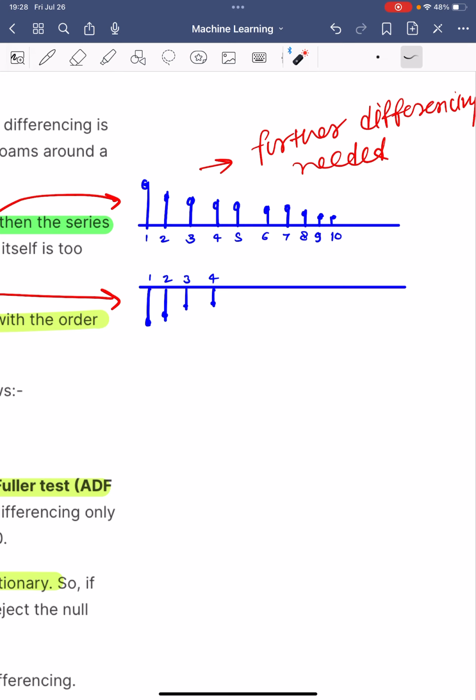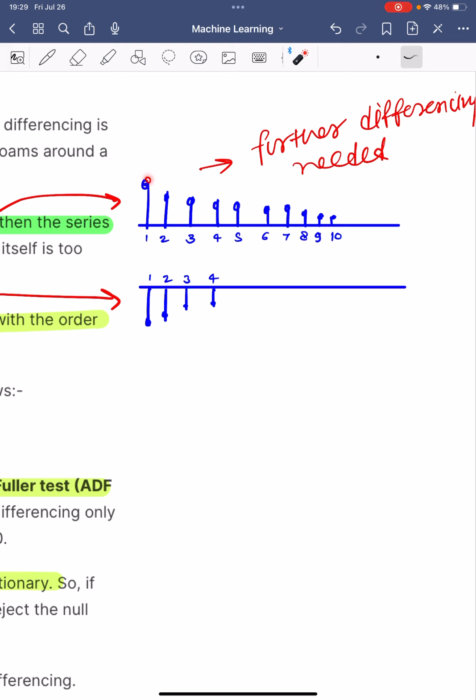So what it means is how much the series is correlated at lag 1. So when we have yt, yt minus 1, yt minus 2, yt minus 3 and so on, how much correlation is there?